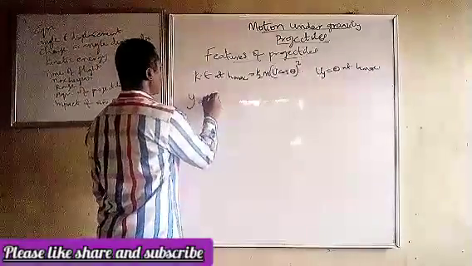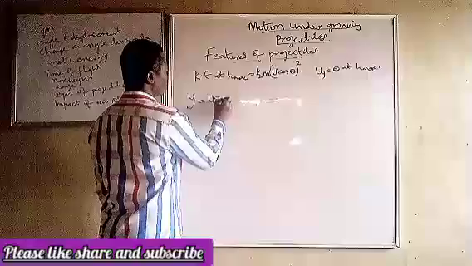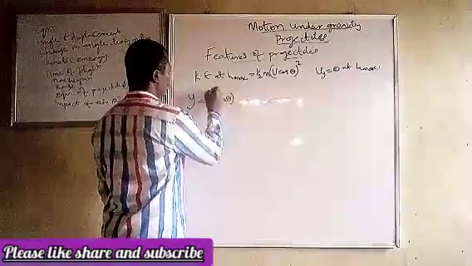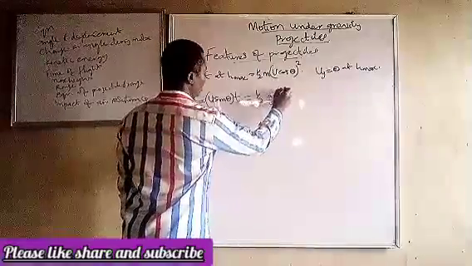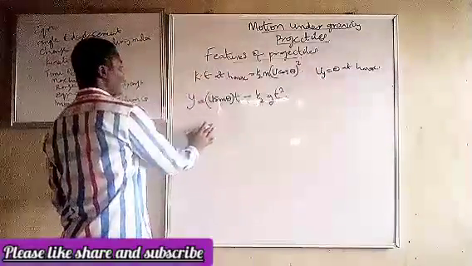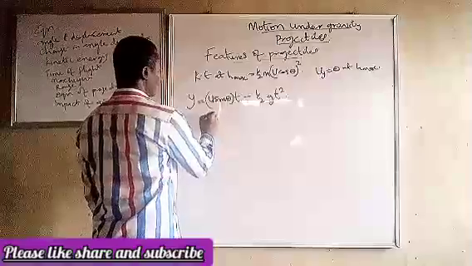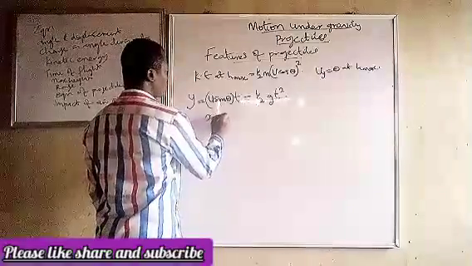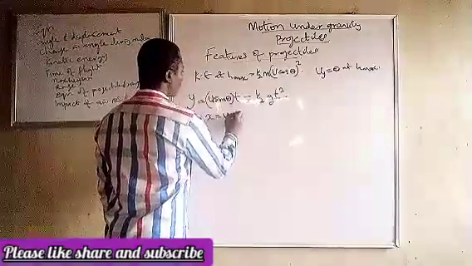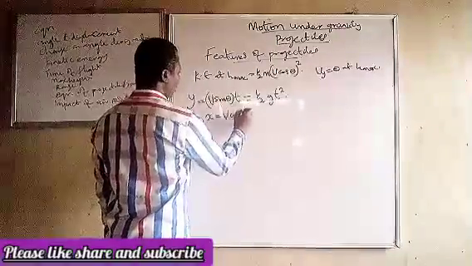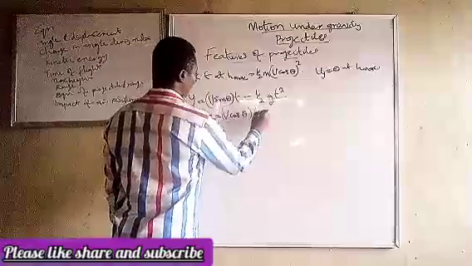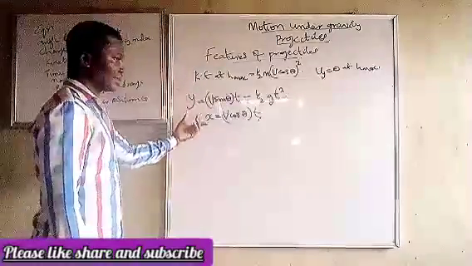We say it will be u sine theta t minus half g t squared. And we also accepted that x equals u cos theta, or let's say v cos theta t.